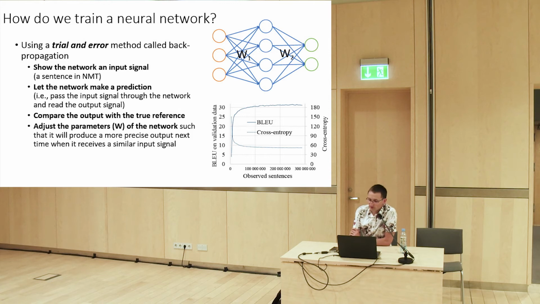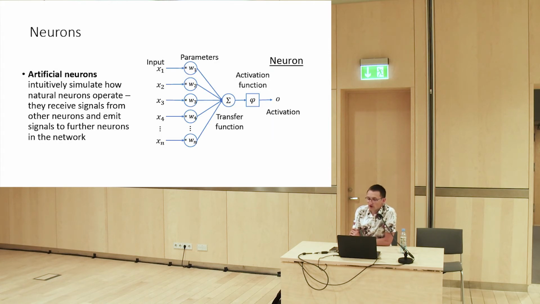So the parameters of the neural network are the parameters that are stored for each neuron. So, as I said, each neuron receives input signals from other neurons that are before it in the neural network, and it weighs the signal using parameters.